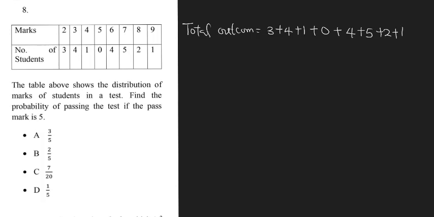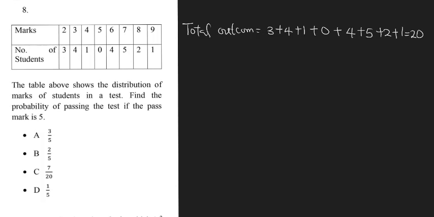This is the total of these ones appearing. So 3 plus 4 is 7, plus 1 is 8. 8 plus 4 is 12. 12 plus 5 is 17. 17 plus 2 is 19, and 19 plus 1 is 20. So this is 20.